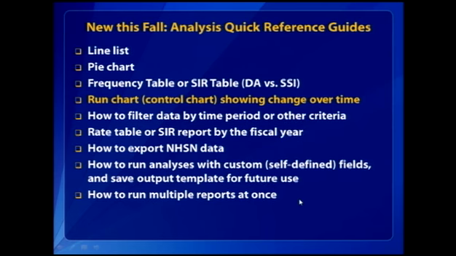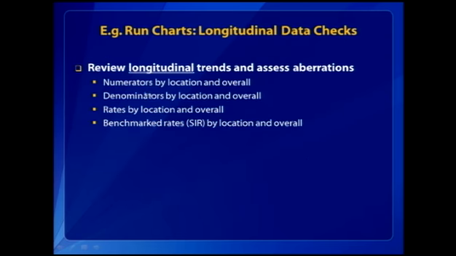Wonderful. One of the things we encourage facilities to do is to look at their data longitudinally over time, because a red flag for data quality is if something changed over time in an abrupt manner that can't be explained by real disease. So reviewing longitudinal trends with that one data check can help you assess aberrations over time.